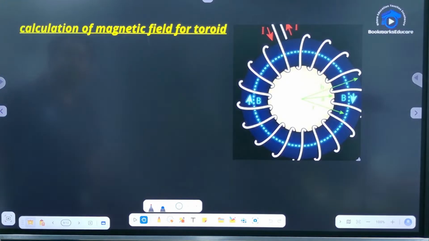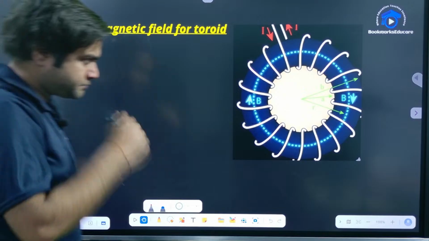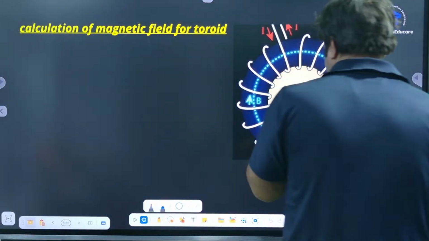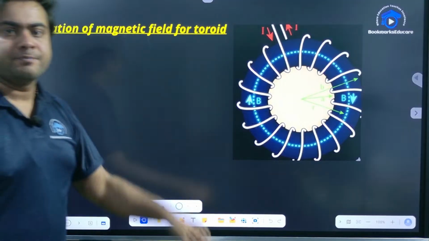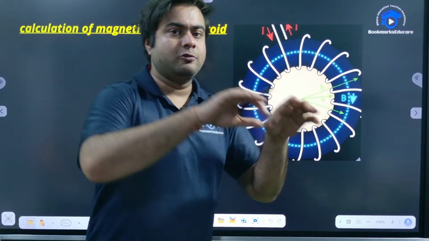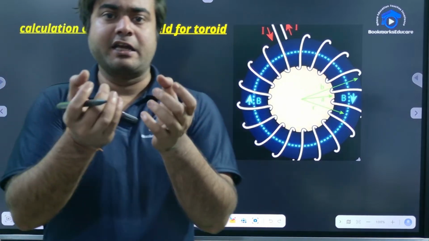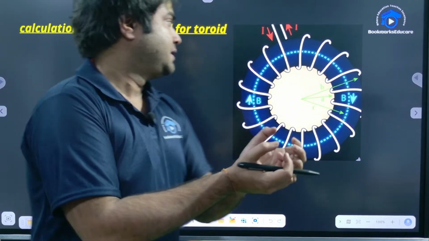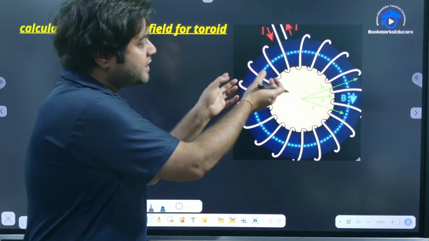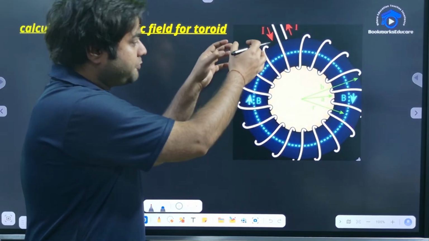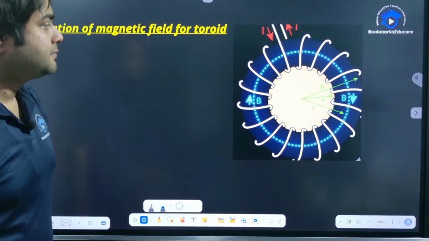Now, for toroids, let's see. What is this toroid? Basically, if you bend a solenoid and give it a circular shape, then it becomes a circular helical format, and we call it a toroid.